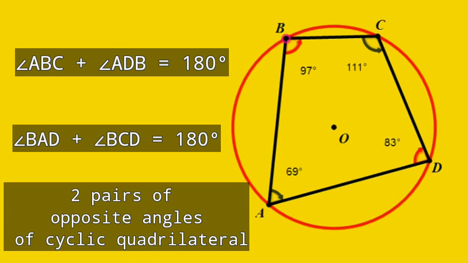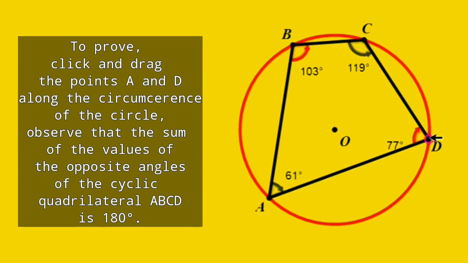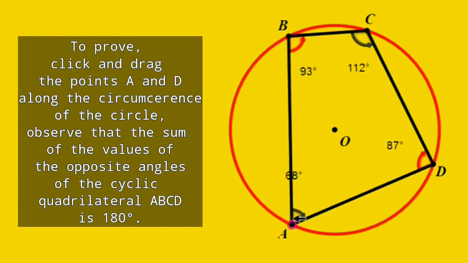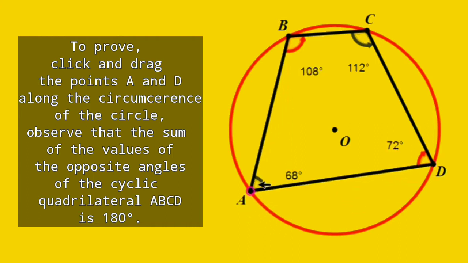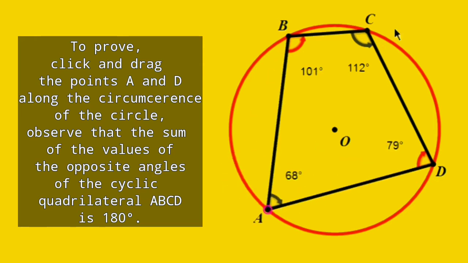They are the two pairs of opposite angles in this cyclic quadrilateral. Again, to prove this property, let's click and drag the points A and D along the circumference of the circle and observe that the sum of the values of the opposite angles of the cyclic quadrilateral ABCD is 180 degrees.